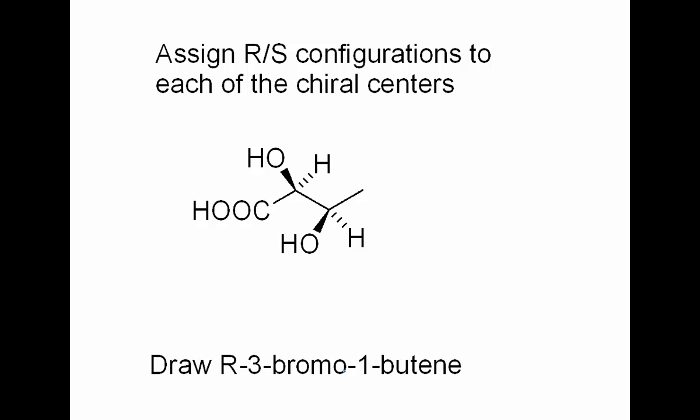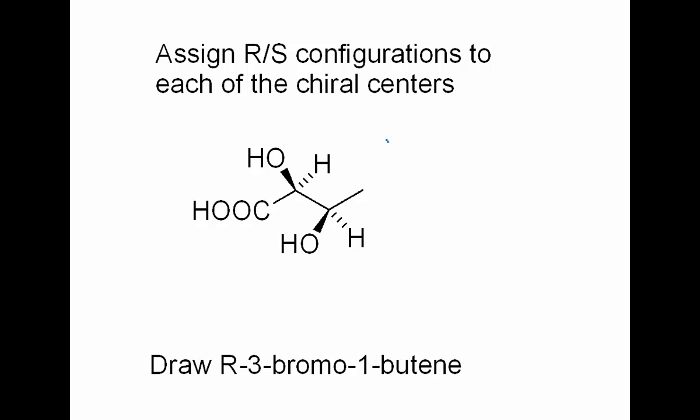Don't try to see this molecule as one whole entity. You've got to do 2 separate operations. The other problem is another type of problem we'll do later, and it's to draw R3-bromo-1-butene.